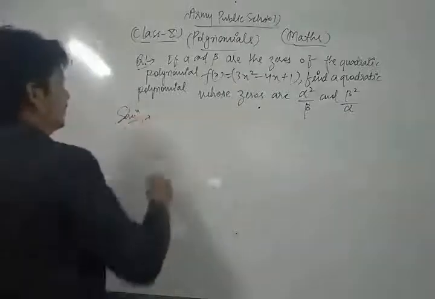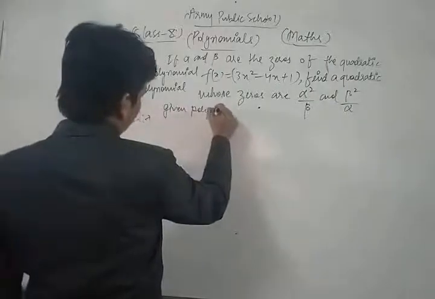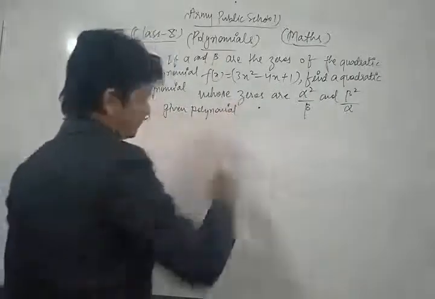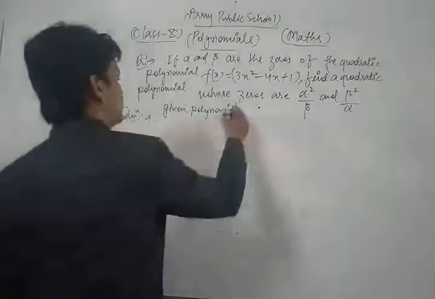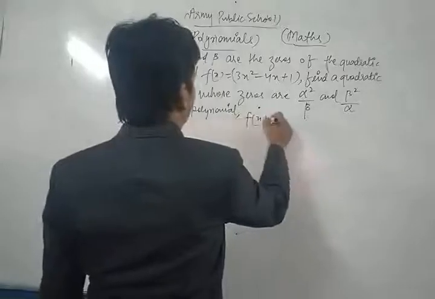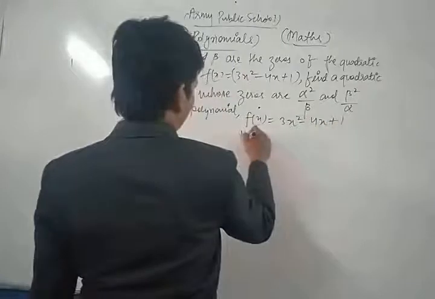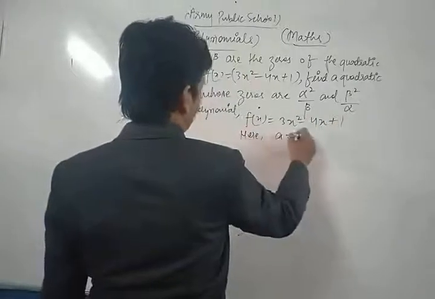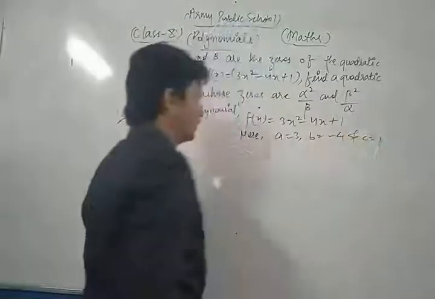So first of all, given polynomial f of x is equal to 3x square minus 4x plus 1. Here the value of a is 3, the value of b is minus 4, and the value of c is plus 1.